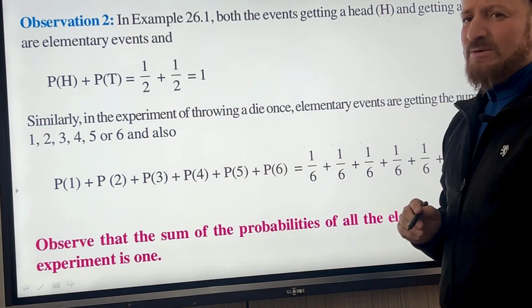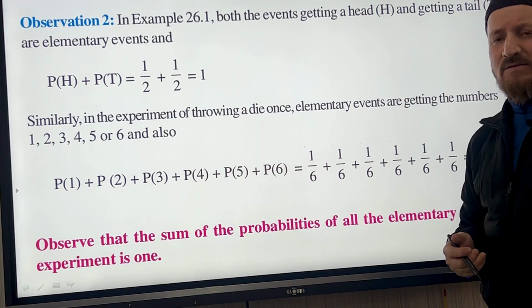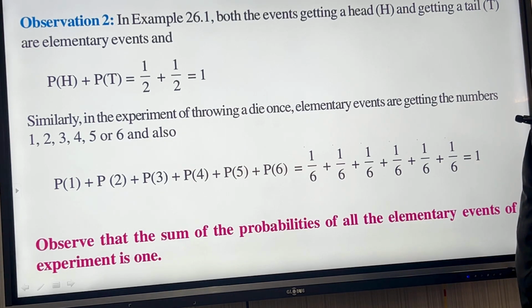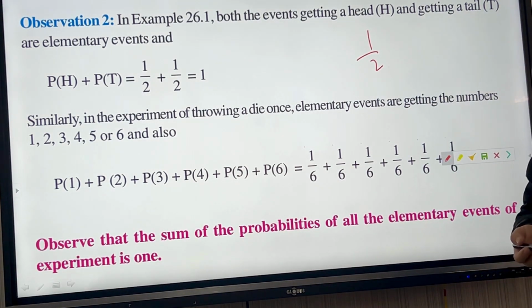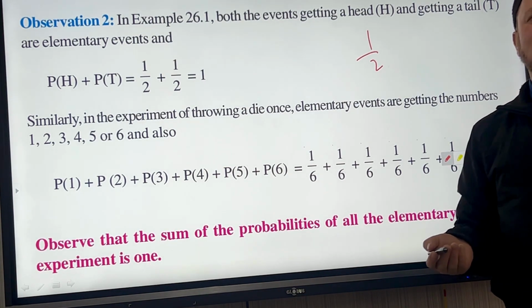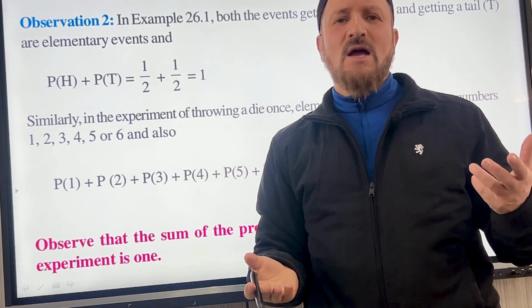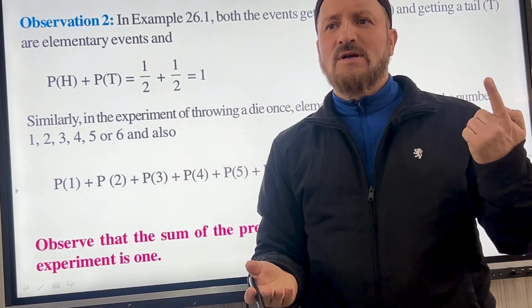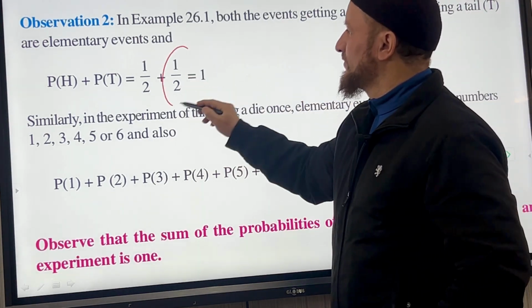Now in example 26 we saw events of getting head. What is the probability of getting head? 1 by 2, because sample space is 2, head and tail. What is sample space? कि total क्या हो सकता है? Head and tail ही हो सकता है ना, तो 2 ही है ना. Head का क्या होगा फिर chance? Head एक बार आ सकता है, head is one time, so 1 by 2. What is the probability of getting tails?